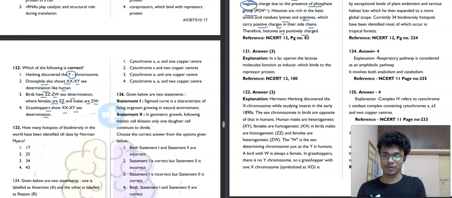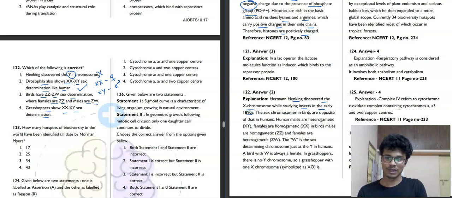So we will read the statements one by one and try to explain which is the correct statement. First is saying that Henking discovered the Y chromosome. This is not correct because Henking discovered the X chromosome while studying insects in the early 1890s. Now the next is, Drosophila also shows XX, XY sex determination like humans, which is absolutely correct. And in Drosophila, XX is considered female and XY is considered male.